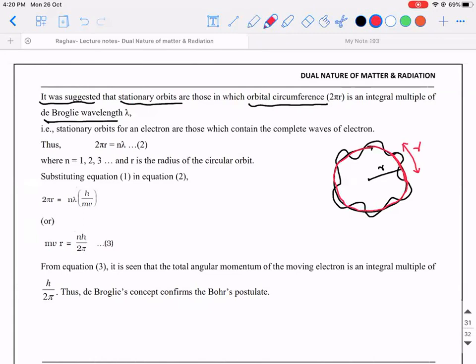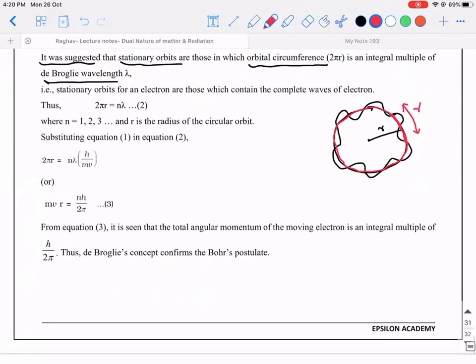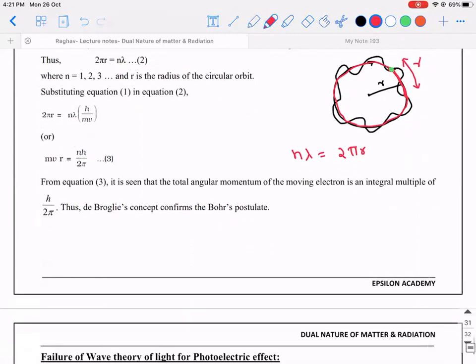What if there are n wavelengths associated? Can I say that if there are n wavelengths associated with it, that length mathematically should be equal to 2 pi r? Because 2 pi r is the circumference. You start at the green point and come back to the same point, within which there are n waves present. So n lambda is equal to 2 pi r. Look at the way I'm going to frame the equation.